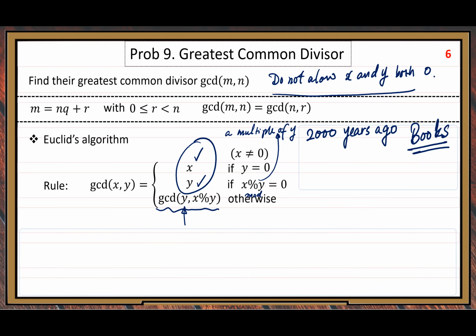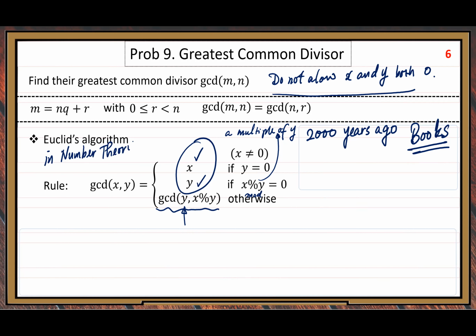All right, that's the famous Euclid's algorithm. Very important, fundamental in number theory.